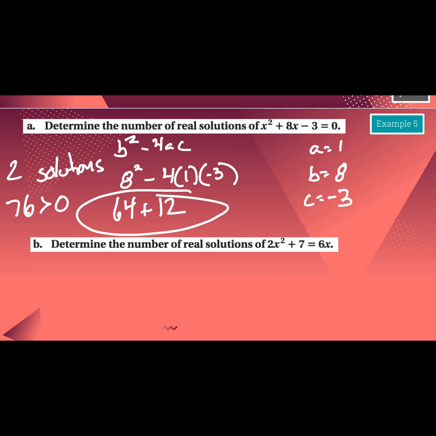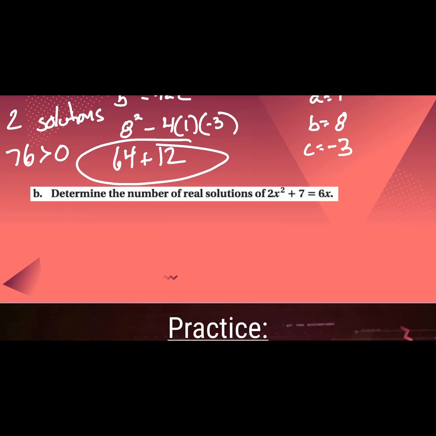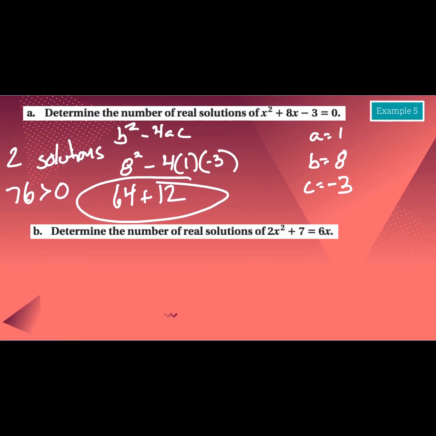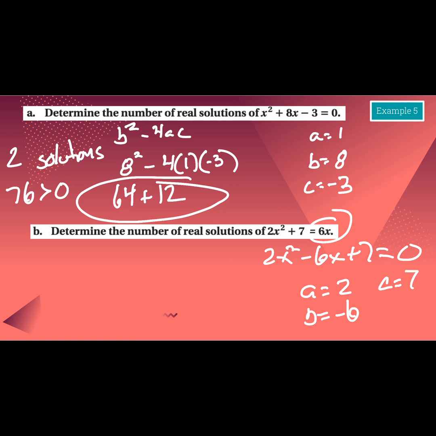Would you guys like to see another example? Determine the number of real solutions. First thing we need to do is get this equal to 0. 2x squared minus 6x plus 7. I brought that 6x to the other side and then put it in standard form. Our a value is 2, b is negative 6, and c is 7.